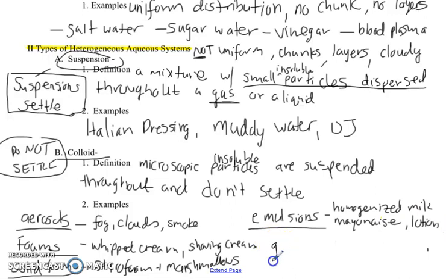And then we also have gels. Gels include gelatin, as you would guess, butter, and also jelly. Or maybe you could count jam too. That's how big the seeds would be. So just some more examples.